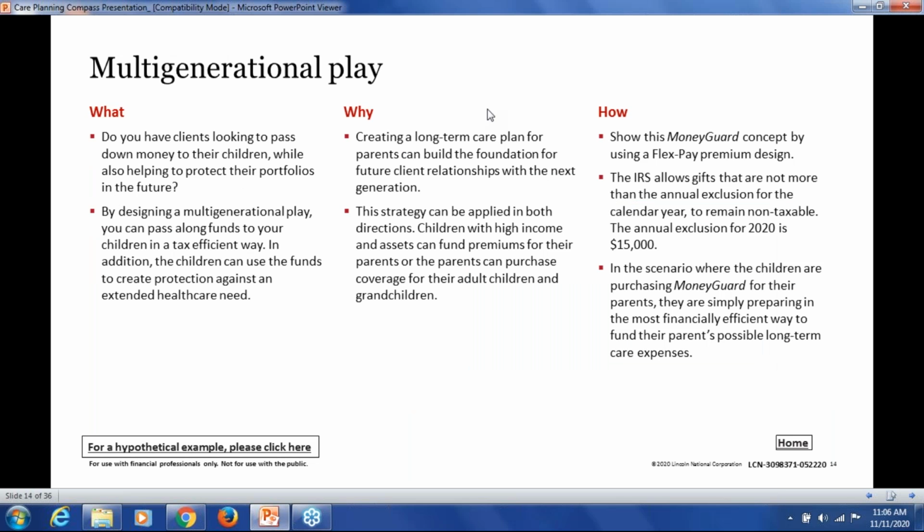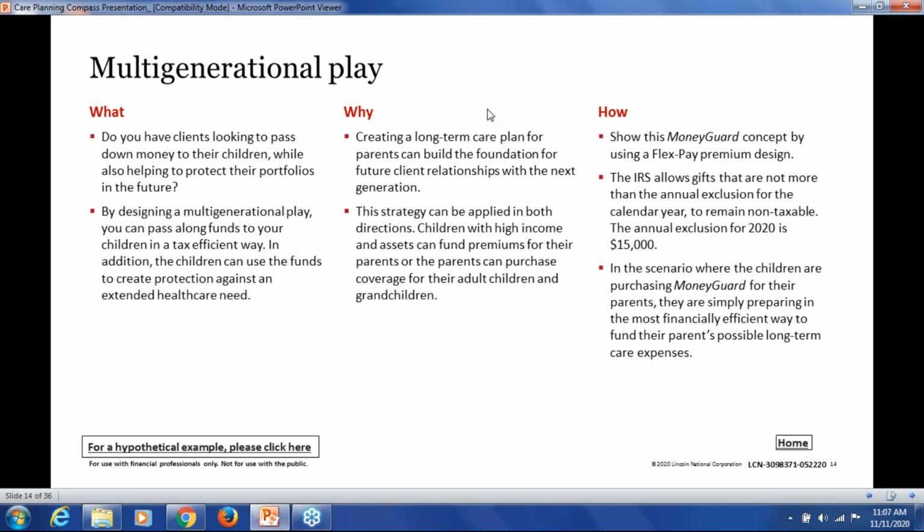Okay, the multi-generational play. Now, this idea is really two ideas in one. And in both scenarios, the insured and the payer are different people. So the scenario goes like this. If you've got older clients who may or may not be insured, they could still provide funding for policies on their adult children.